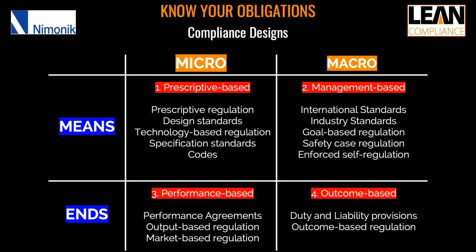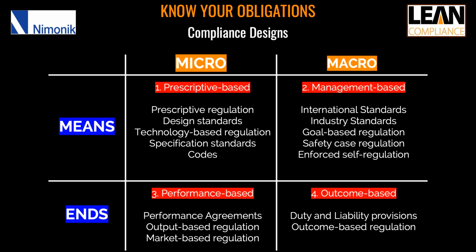In the first block, we've got prescriptive-based designs. This is the micro means, dealing with the small and the how, the details. This is where we find all the rule-based material, and all the prescriptive obligations tend to be in this particular category. Legal regulations tend to be of this kind.